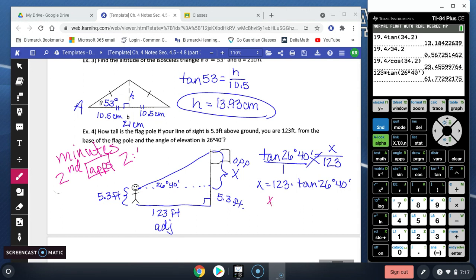So x is 61.77 feet. But remember, we're going to add the 5.3 feet because of your line of sight. And then we get 67.07 feet. Okay, so there's the height of your flagpole.